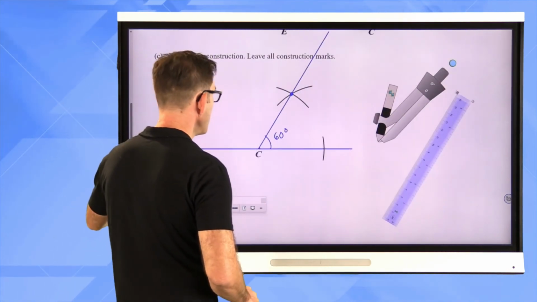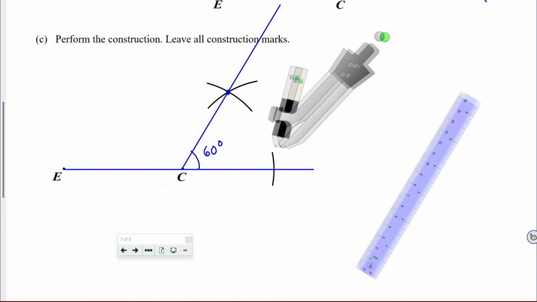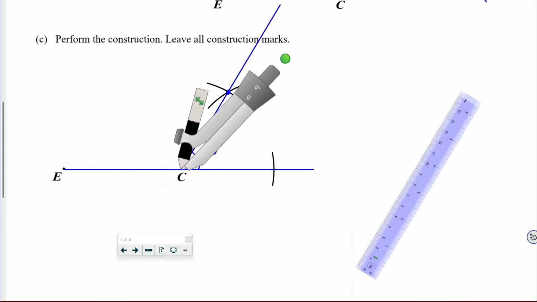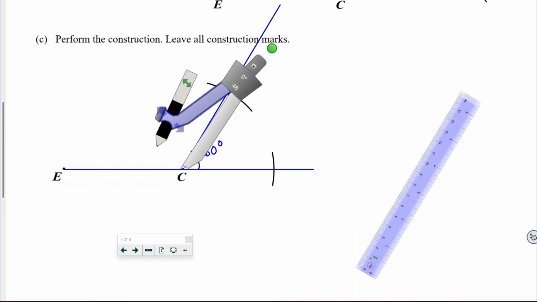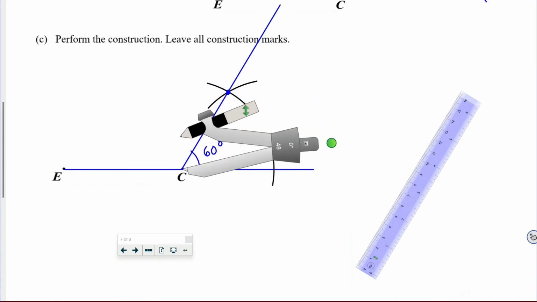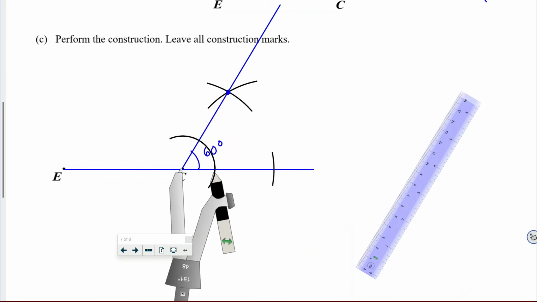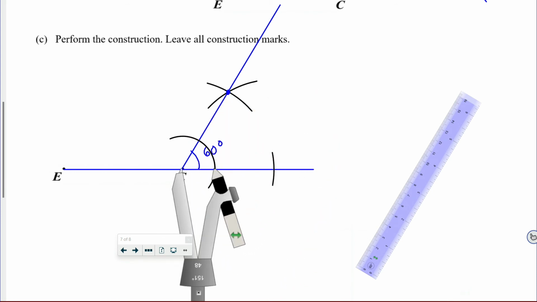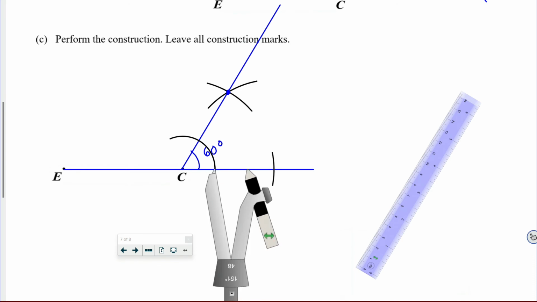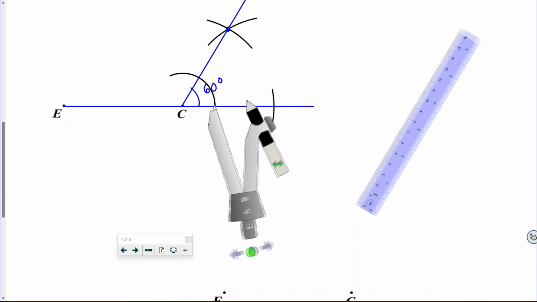So I'm going to come in here. I'm going to do my angle bisector. All right, that means I'm going to put my compass like this, and I'm going to draw an arc that passes through both of the rays of that 60-degree angle. I will now bring my compass in here.